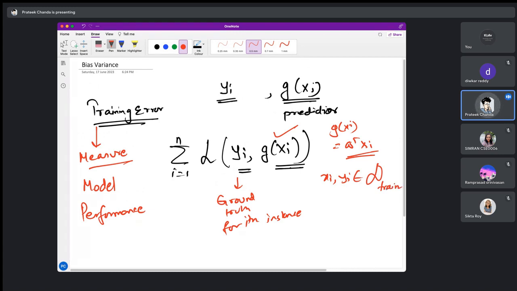What I want is to define a loss. Let's assume there is a loss function; it can be an L2 loss or any other loss function. I define it as the loss of yi and g of xi, and I sum it up over all n training instances, where each xi, yi belongs to Dtrain. So the size of my Dtrain set is equal to n, because the total number of training examples is n.